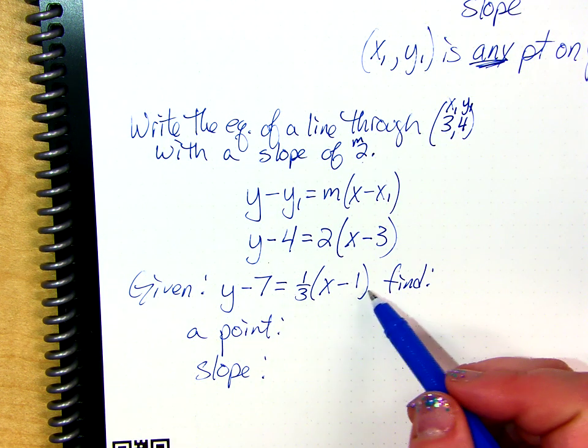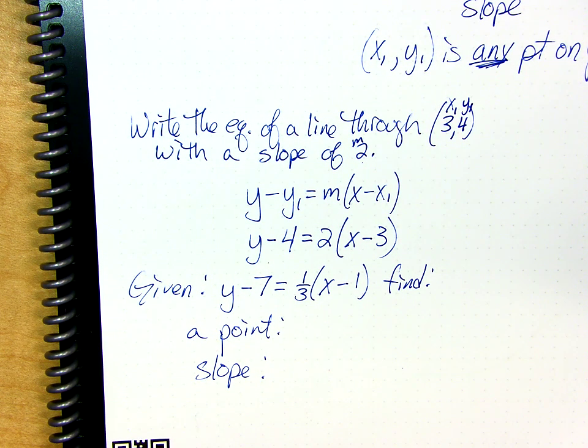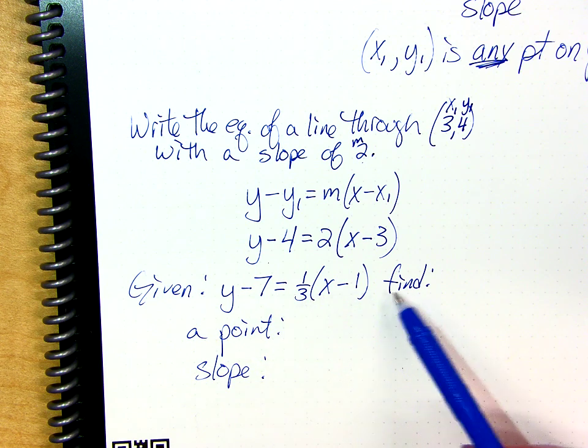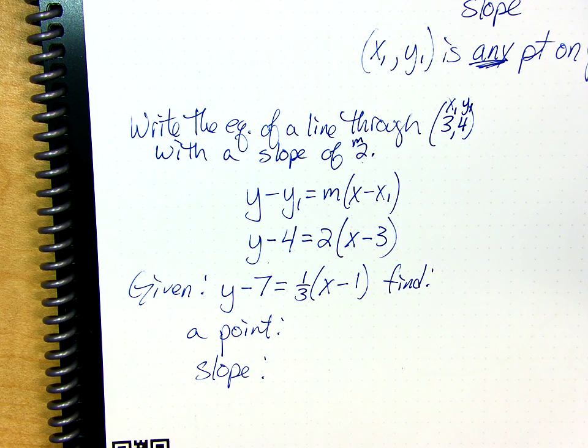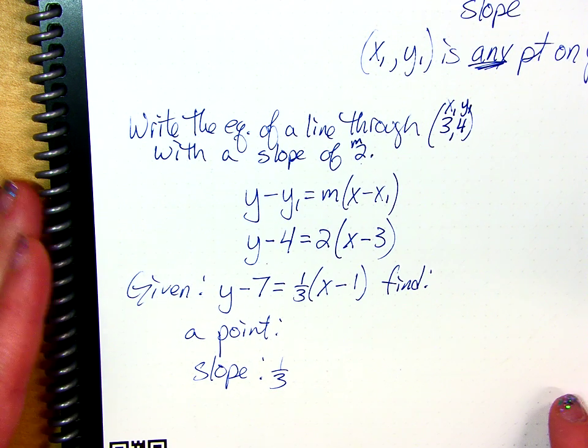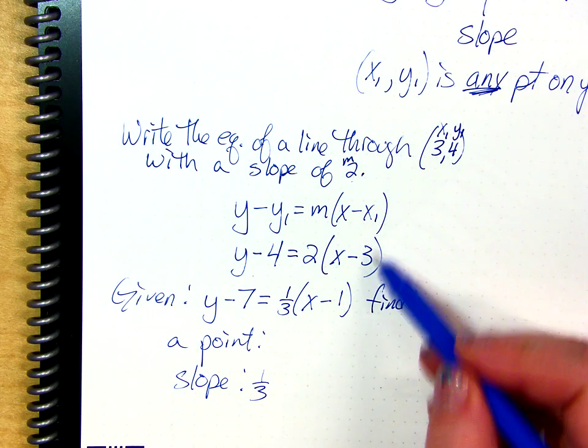All right, so new line. I'm giving you some random line. I want you to find these 2 things. The slope is probably the easiest. If you're looking at this equation, what must the slope be? 1/3, right? That's in the m spot, so the slope is just 1/3. Well, that was pretty easy. Okay, got the slope. Now, I have to figure out the point. So look at what we did above, right?